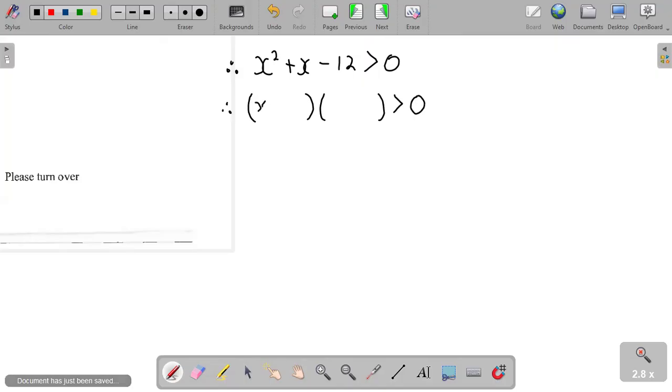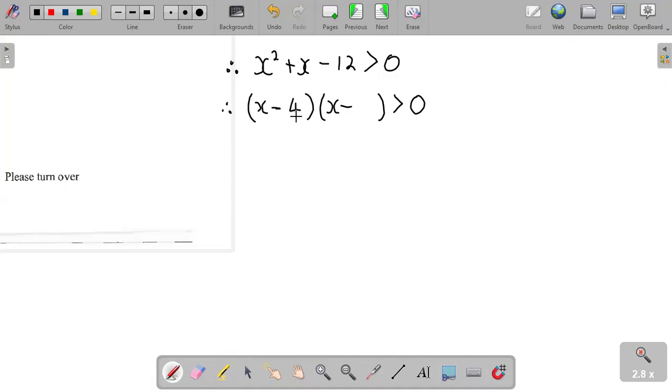So then it's going to be x and x. So the factors of 12 are 4 and 3, okay?